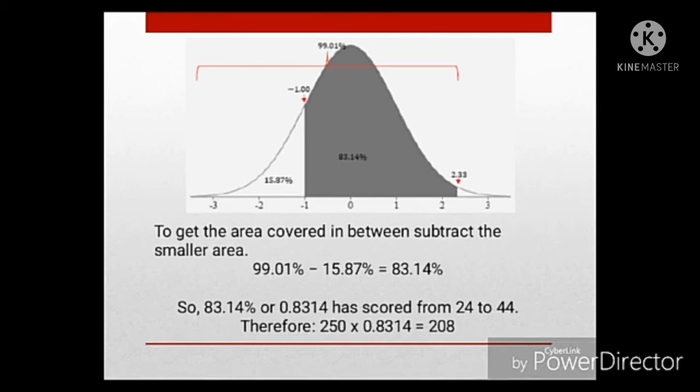Meaning, among the 250 students, 83.14% of them have scored from 24 to 44. Therefore, 250 multiplied by 0.8314, the answer is 208. At most, 208 students have scored 24 to 44.